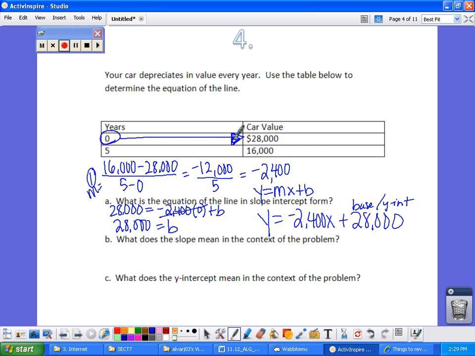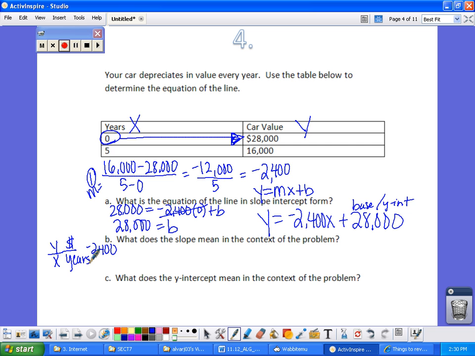Now I'm going to come over here and I'm going to say, well, my slope is negative 2,400. So whatever's happening, this negative means that it's decreasing. So what is decreasing? Remember that this is the y values over the x values. And if I go back, usually your x is years. The years is x. Time is always x. And this is y. So this is car value, which is in dollars, and the x value, which is in years.